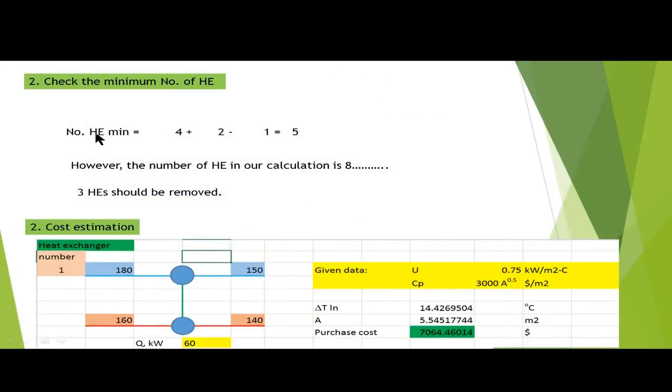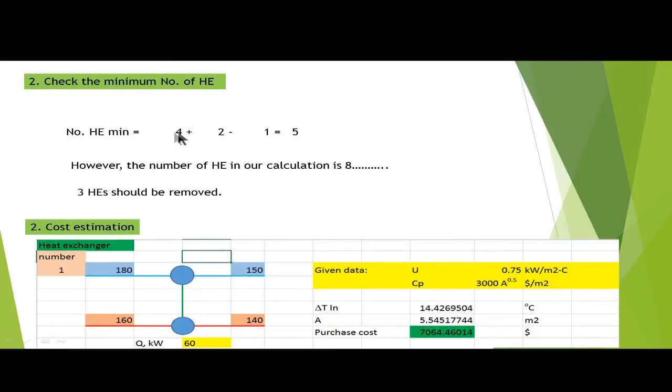The minimum number of heat exchangers, this is the second one. So we check for the minimum number of heat exchangers, and it is equal to the number of streams supplied to this system plus the utility streams that we have, minus 1.